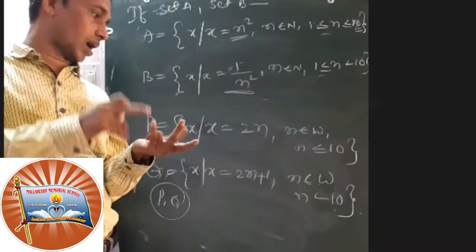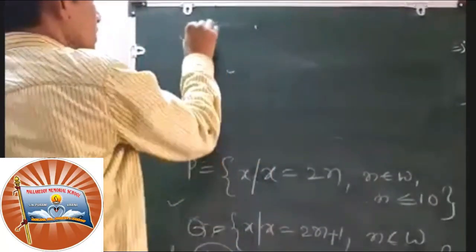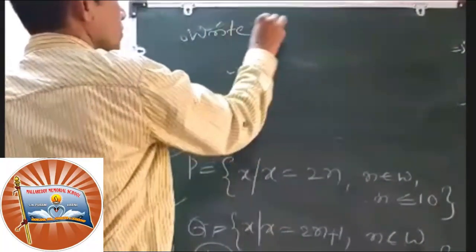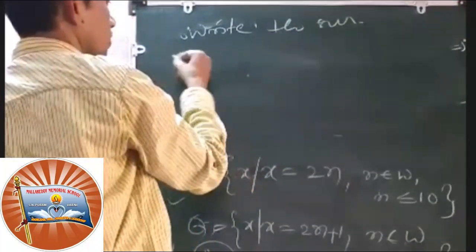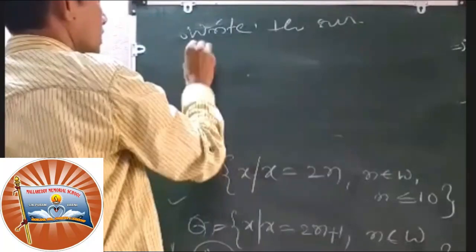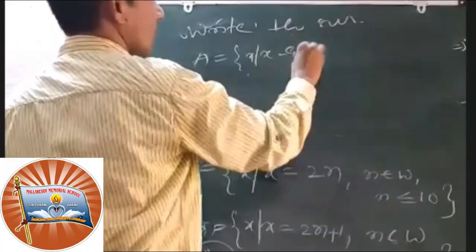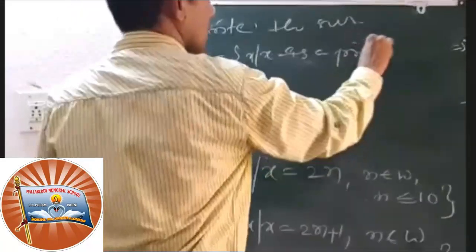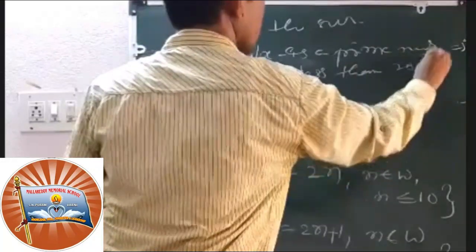And sometimes they write a direct question: write the subsets of a given set. A is the set of x such that x is a prime number less than 20.